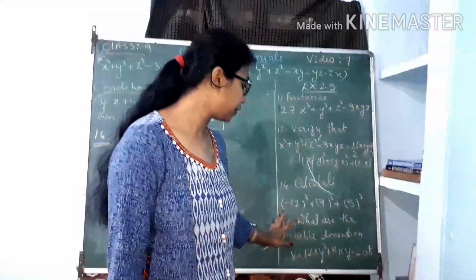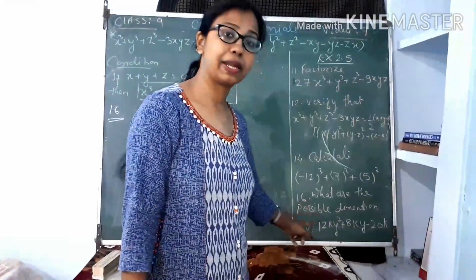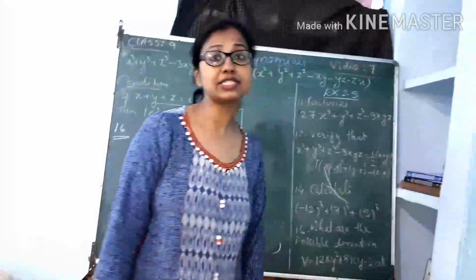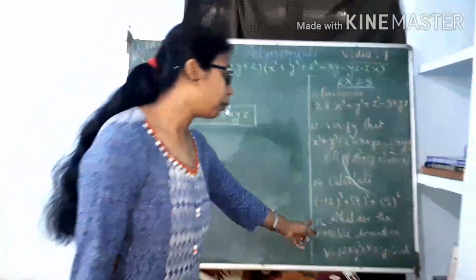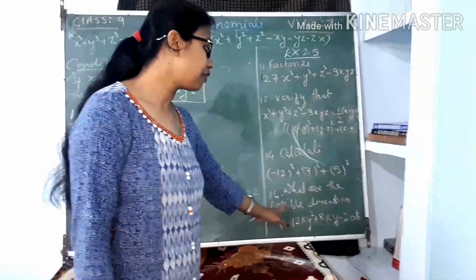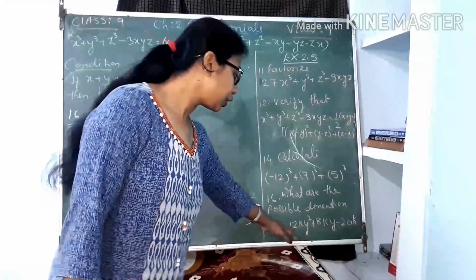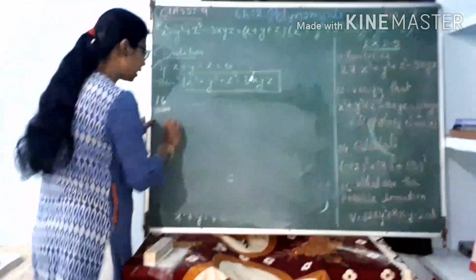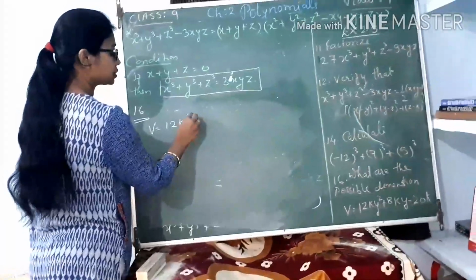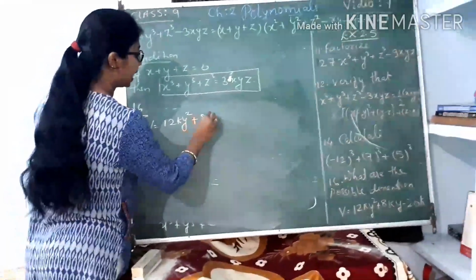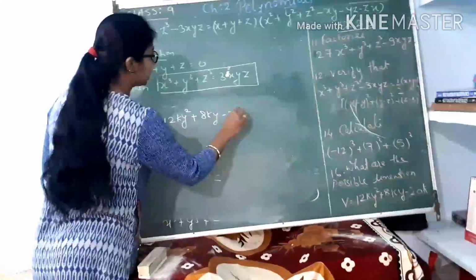So 15 you do, 16 I will show you, and the rest you do on your own. What are the possible dimensions if the volume of a cuboid is represented by 12ky square plus 8ky minus 20k?